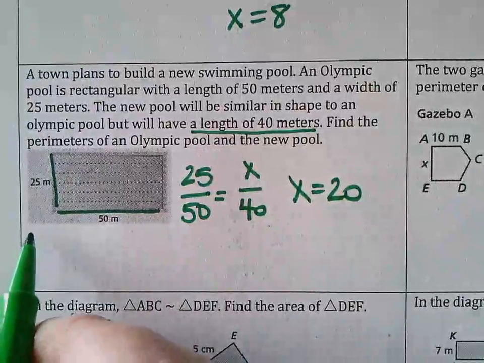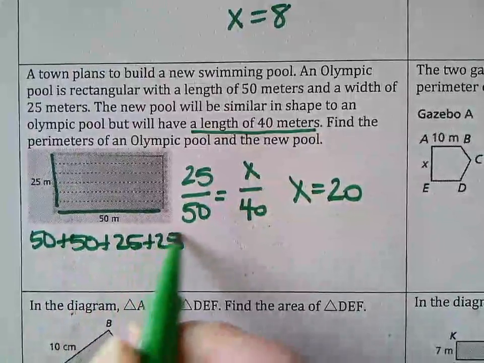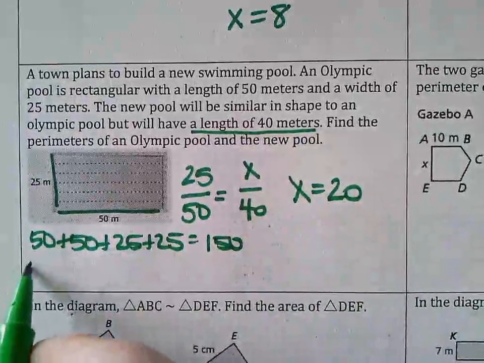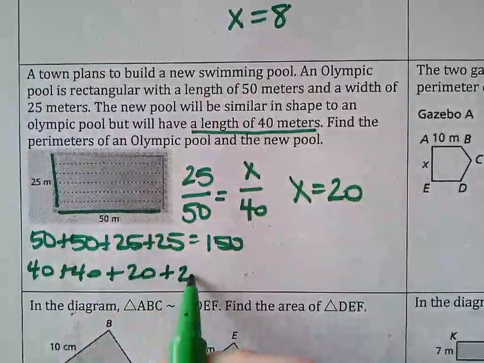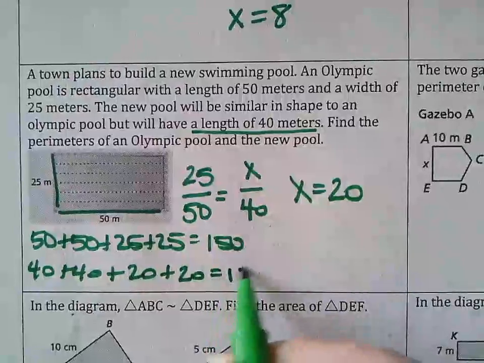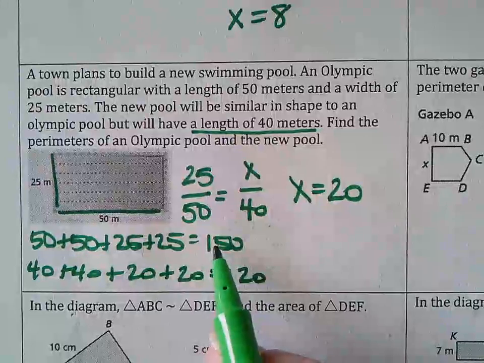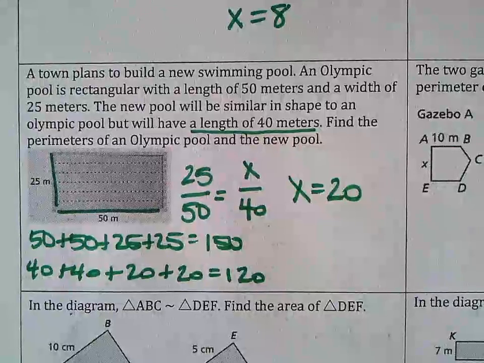So 50 plus 50 plus 25 plus 25 is 150. And the perimeter of the other pool would be 40 plus 40 plus 20 plus 20. So that's 120. And these are the perimeters of the Olympic pool and the new pool. And that's all you have to do for that.